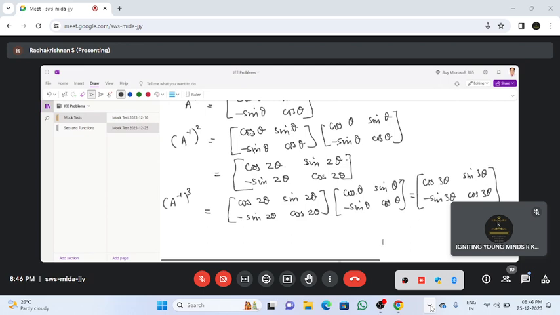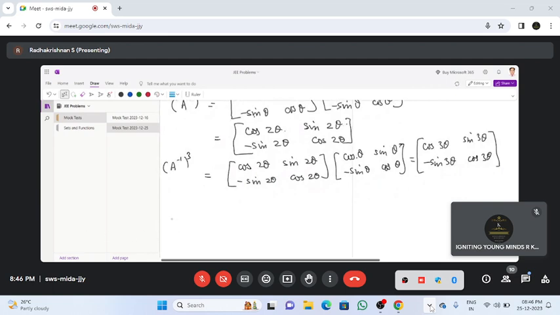Okay, so அதனால இதே மாதிரி if you do it for the 50th power, what you will get is cos 50 theta, sin 50 theta, minus sin 50 theta, cos 50 theta. So this is the matrix that we require. And now we will substitute theta equal to pi by 12.